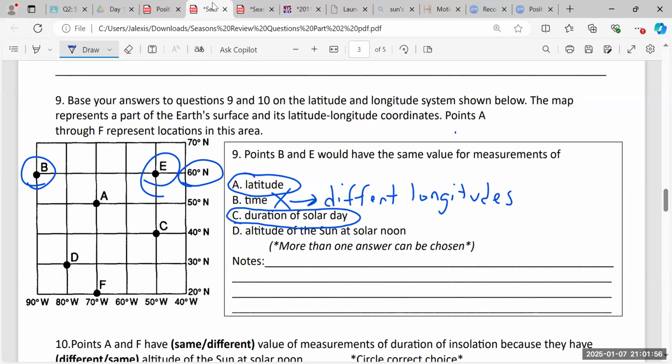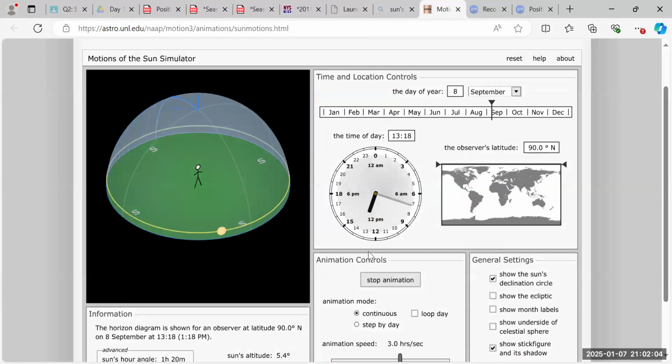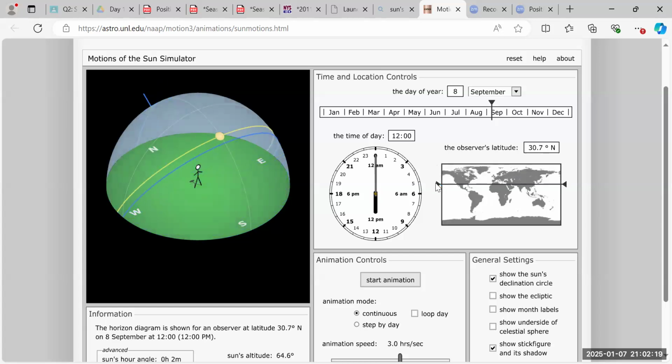So therefore, you'll have the same duration of solar day and the same altitude of the sun at solar noon, right? If we go to solar noon, you'll notice that for the altitude, the observer's latitude is what matters. This line represents the complete latitude.